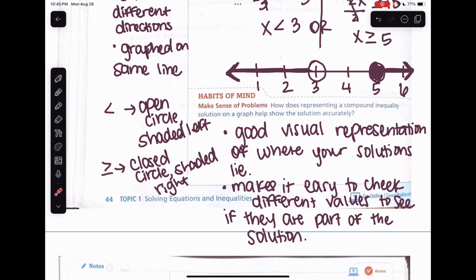So it's a good way to make sure, like whenever I've graphed it like this, it's a good way to just test certain values to see if they actually are part of that solution. Because if I'm just looking, I can make a mistake, right? But if it's graphed, I could literally graph them on the number line and see if they lie on one of these shaded areas. Okay, so that's why we graph it, basically.